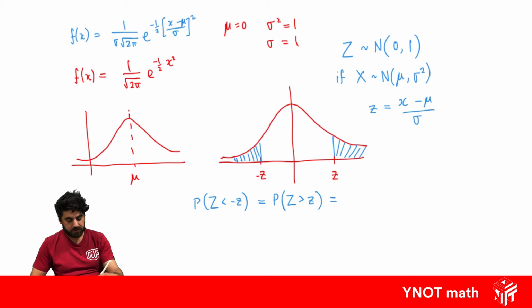This will also equal 1 minus the probability that a score is less than Z.